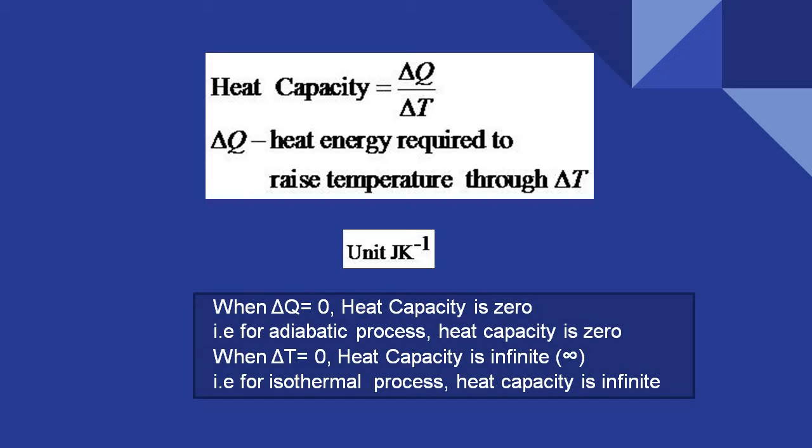And in SI system, any type of energy is mentioned with the same unit. And in olden days, we used calorie as unit for heat, and it is in CGS system. And in SI, it is joule. So heat capacity is joule per Kelvin.